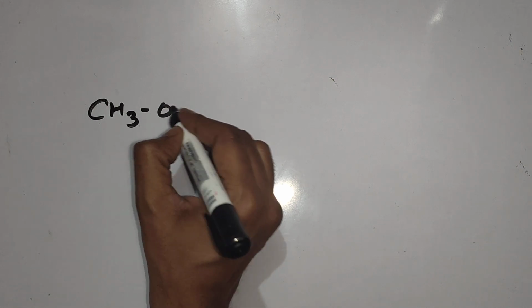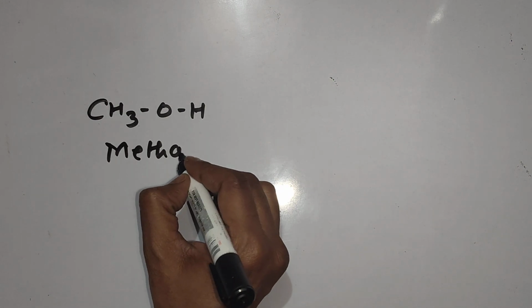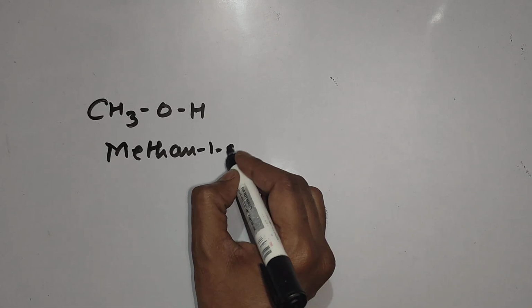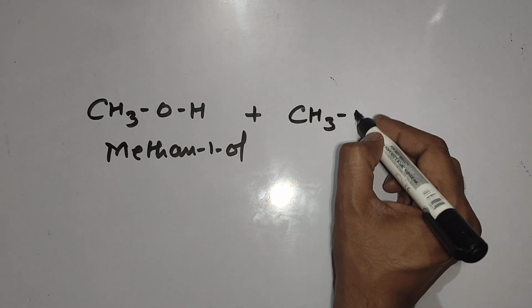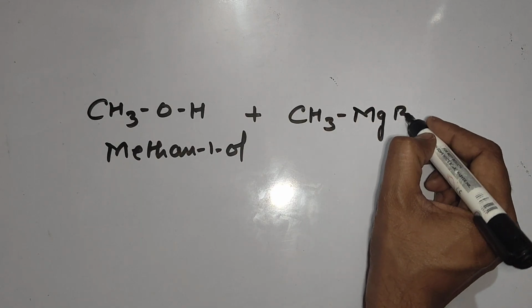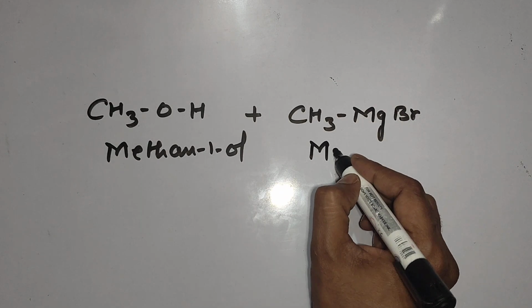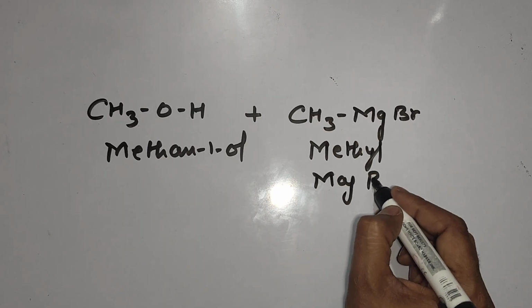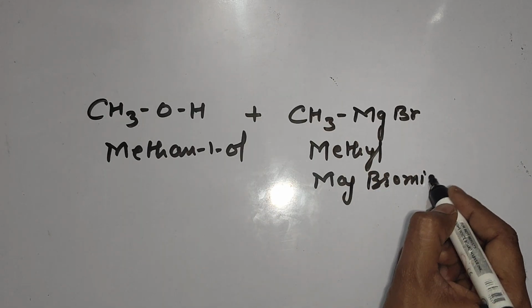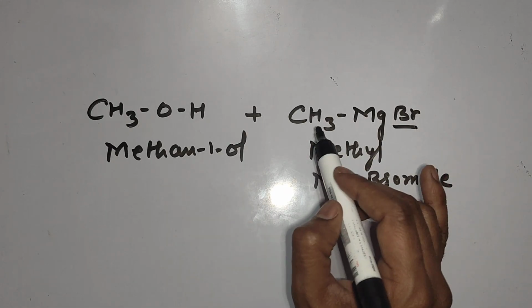Suppose we have CH3OH, methan-1-ol. Now this methan-1-ol is going to react with CH3MgBr. This is methyl magnesium bromide, a Grignard reagent in which X is Br and the R part is CH3.